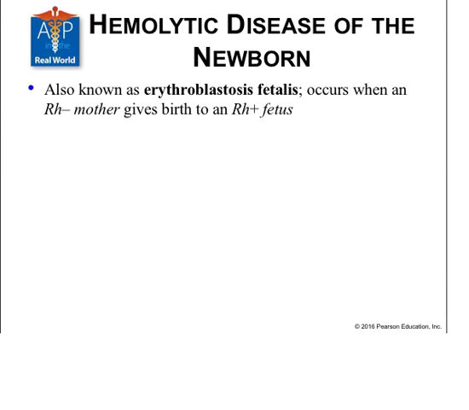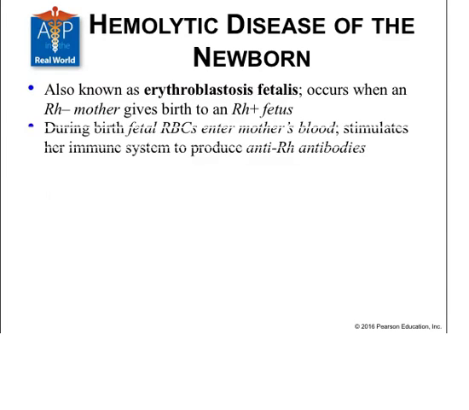A condition known as erythroblastosis fetalis occurs when an Rh-negative mother gives birth to her second Rh-positive baby. In the old days, we used to have to do blood tests in order to check for Rh compatibility before you got married.